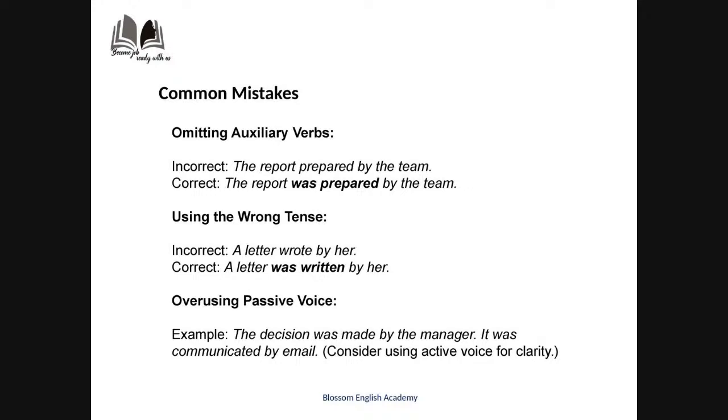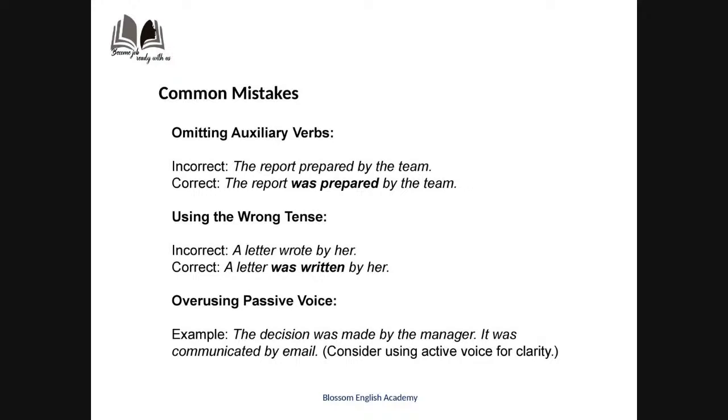Okay, you can take a look at the example given in the incorrect sentence. The report prepared by the team. Just read the first three words. The report prepared, which means the report is the subject, and the report is preparing something. Does that make sense? Report is a non-living thing.